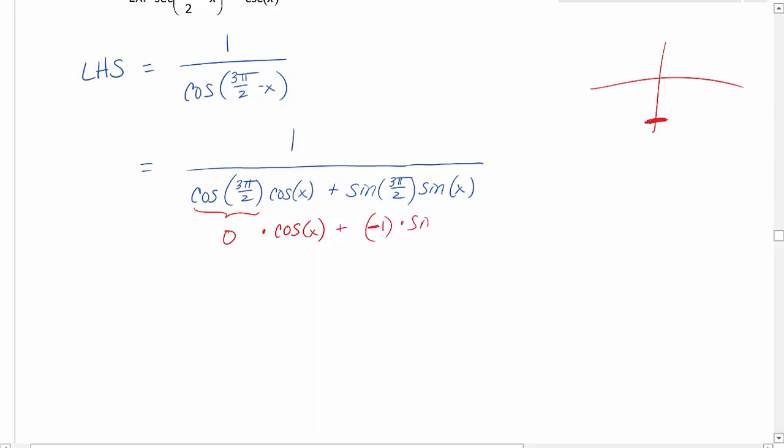So we'll have that times sine of x. Oh, the 0 times cosine disappears. And we are left with 1 on the top, negative sine of x in the denominator.